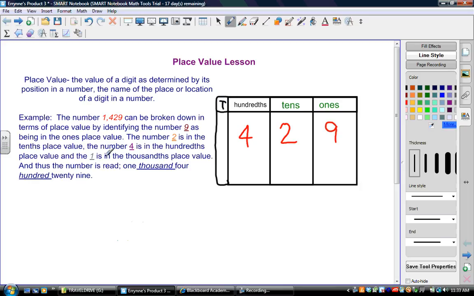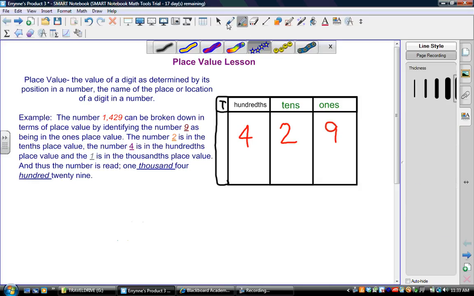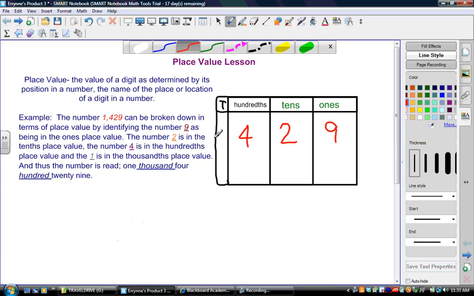Okay? And the number 1 is in the thousands place. And thus the number is read 1,429. Okay?